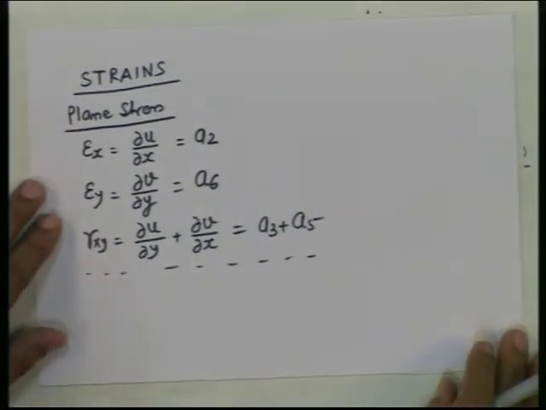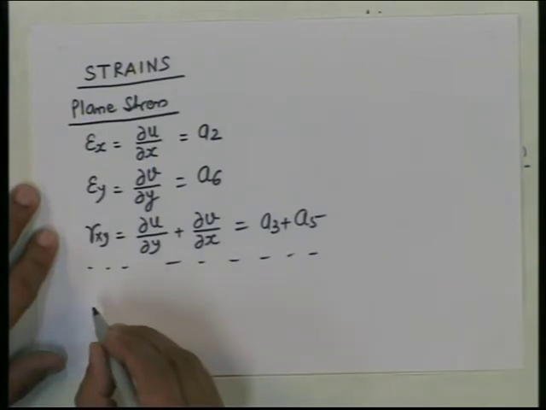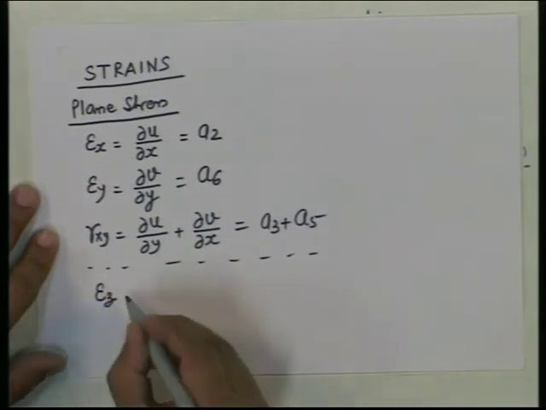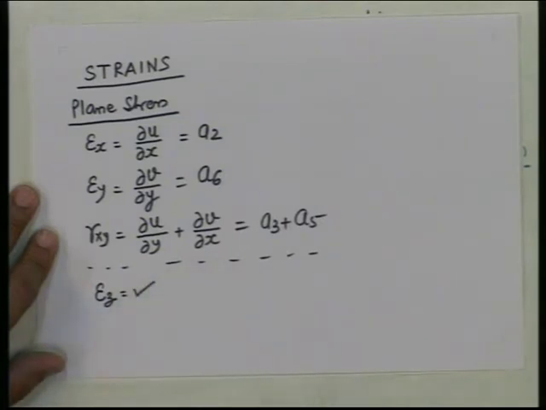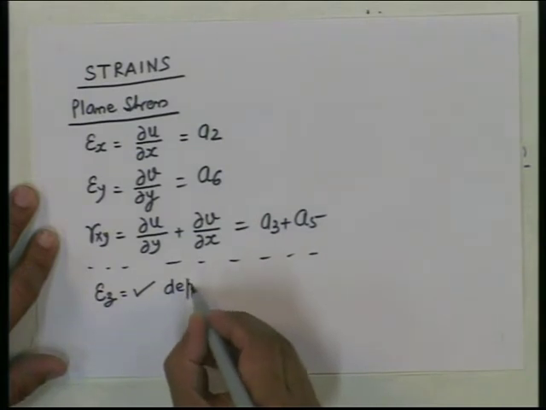It so happens that in a plane stress problem, you also have one more strain, but that is dependent. What is the other strain? This one is present, this one is present, but it can be found out in terms of these. It is not independent.